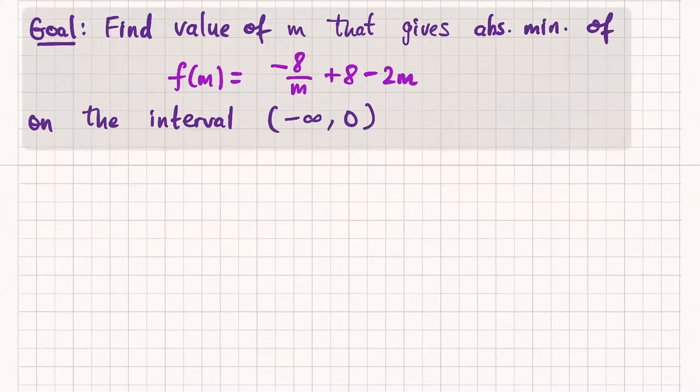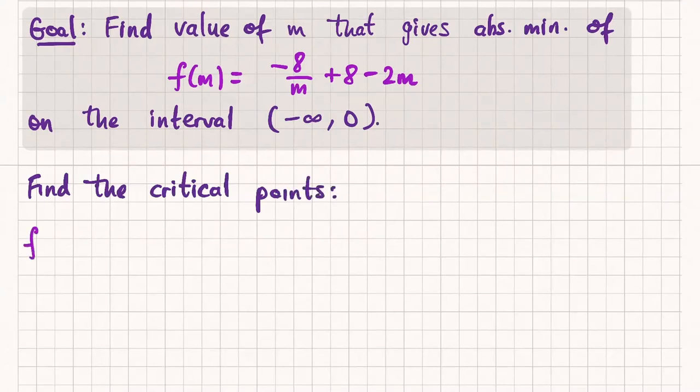Now the rest of the problem should be pretty straightforward, right? Once you have it down to this point, you should be like, aha, finally, I can do the calculus, right? That first part of the problem is always tricky. So now let's find our critical points. My derivative is 8 over m squared minus 2.